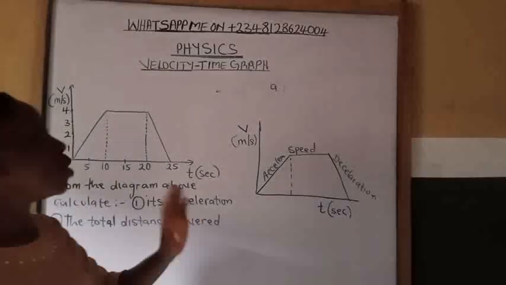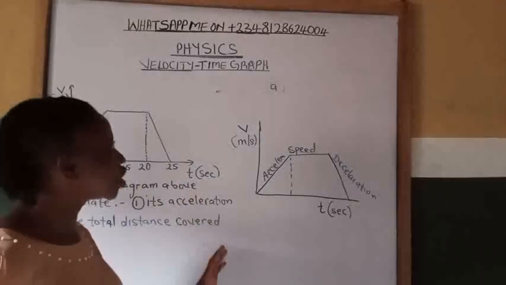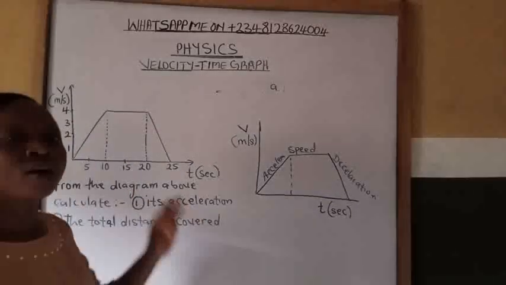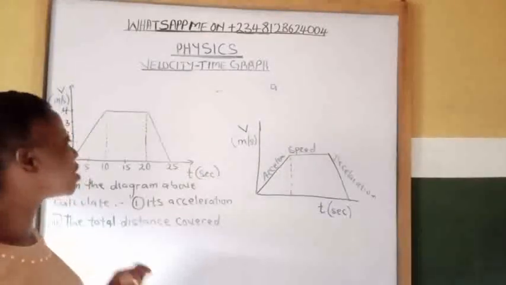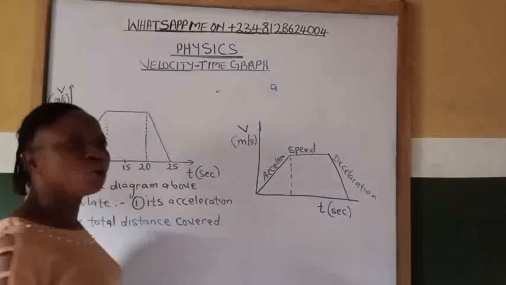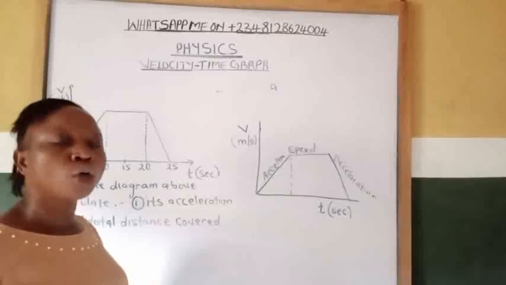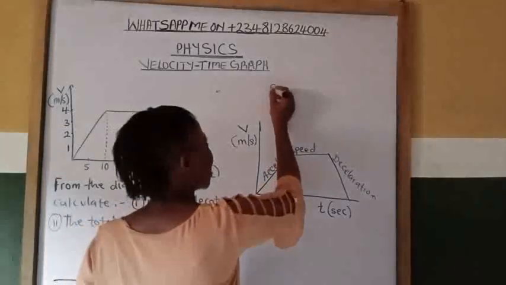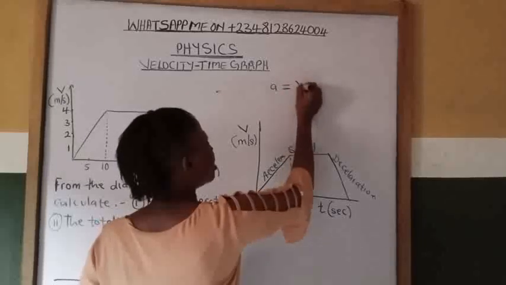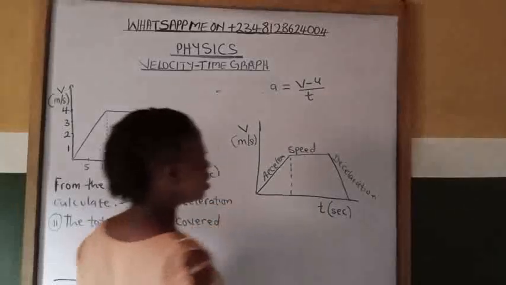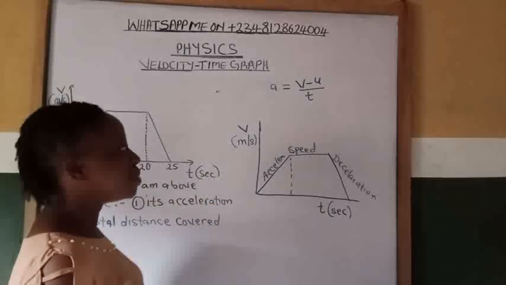Don't forget that whenever they ask you to calculate acceleration on velocity time graph, you use your graph to answer the question. So when they say calculate acceleration, it's either you use the formula method or you use what we call the gradient method. So the formula method: acceleration is equal to change in velocity divided by the time taken.